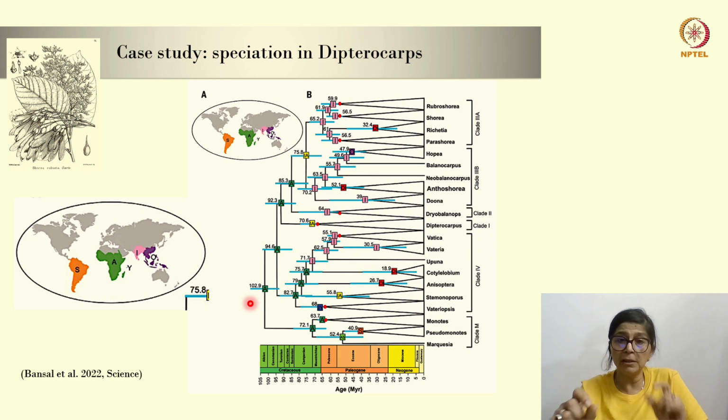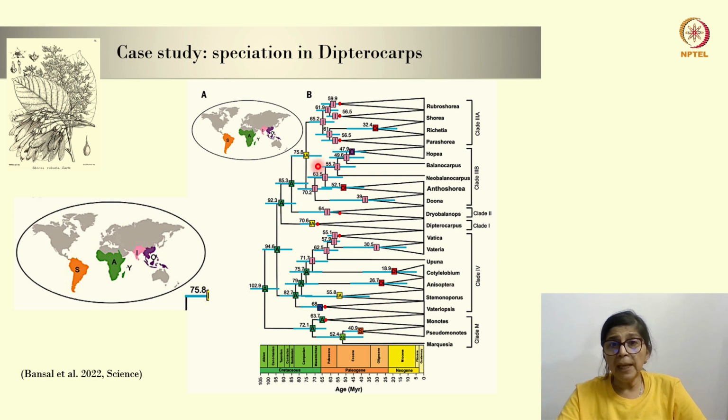So it originated in the late Cretaceous in this area of Africa. Then slowly you can see most of these lineages are in green, which means these evidences are from Cretaceous periods as well as from the African region, also highlighted here in green.